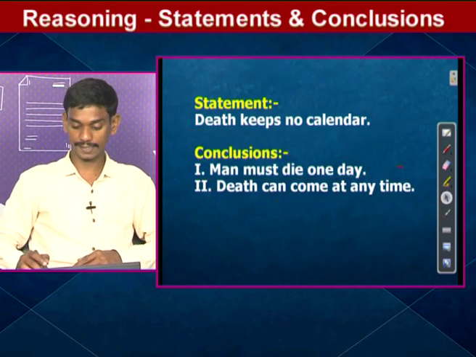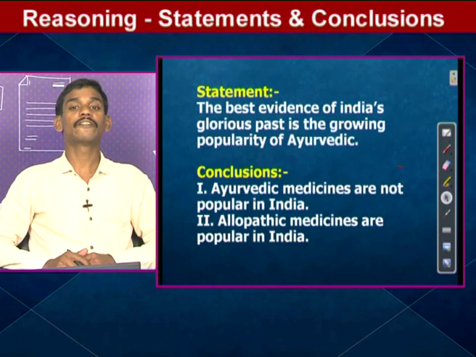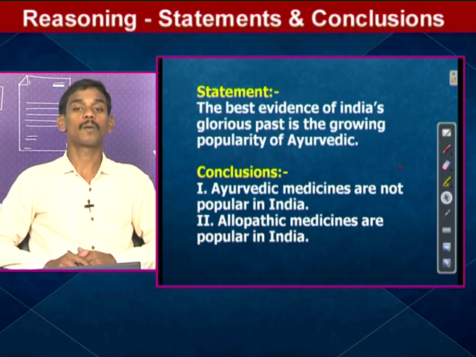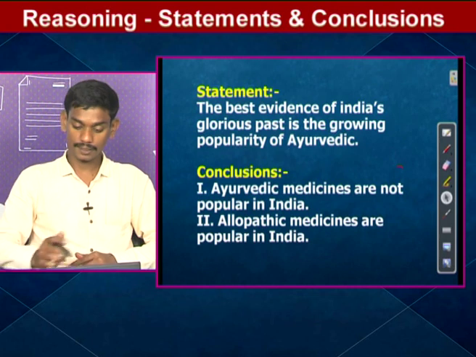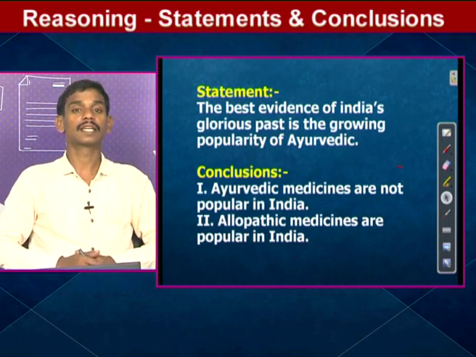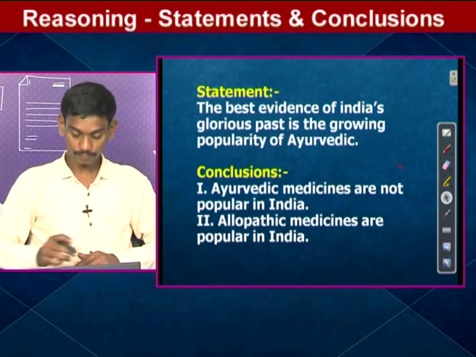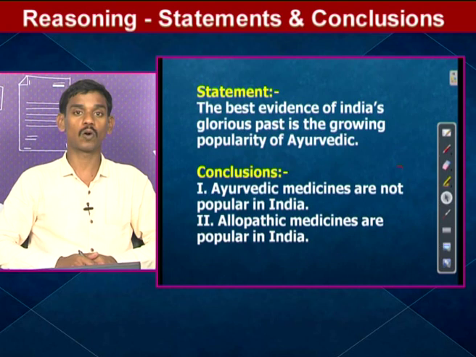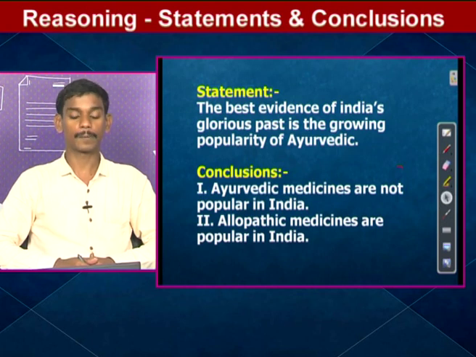And the next question is the statement: the best evidence of India's glorious past is the growing popularity of Ayurveda. Under the statement, 2 conclusions are there. First one, Ayurvedic medicines are not popular in India. And second one, allopathy medicines are popular in India.